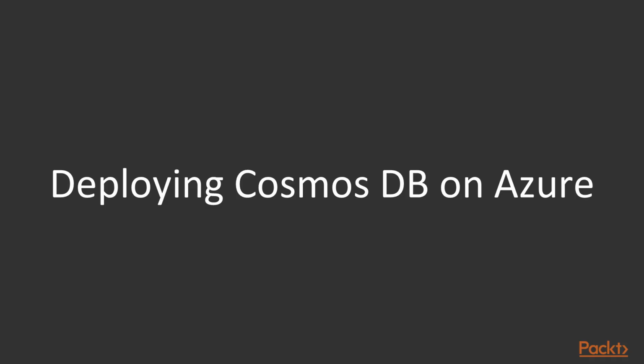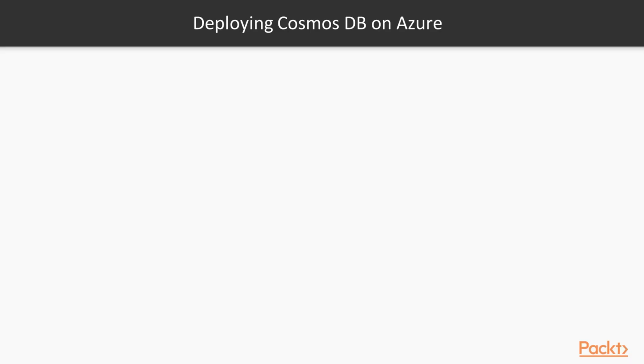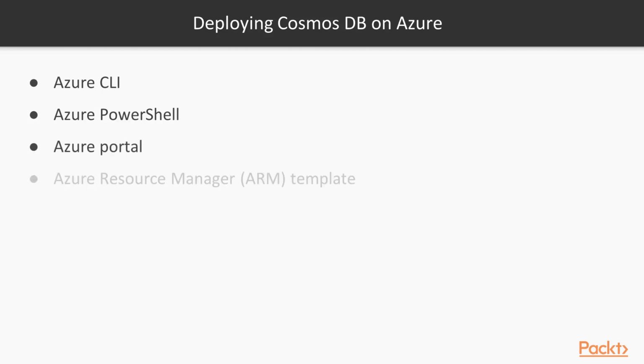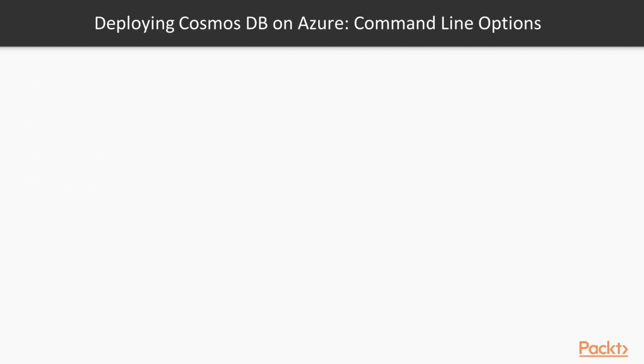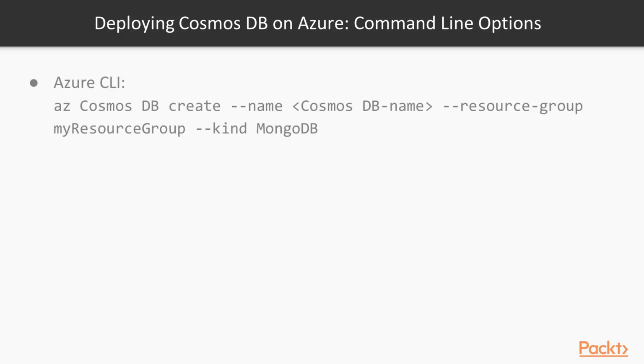The first step is deploying your Cosmos DB on Azure. Deploying an Azure resource, it doesn't matter which resource it is, gives you integration with Azure CLI, the command line interface, Azure PowerShell, Azure Portal, or an automated Azure Resource Manager template. In this section and in the demos, I'm going to use the cloud command line interface, Azure CLI.